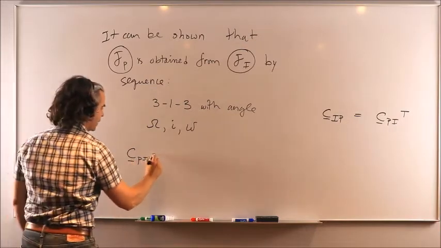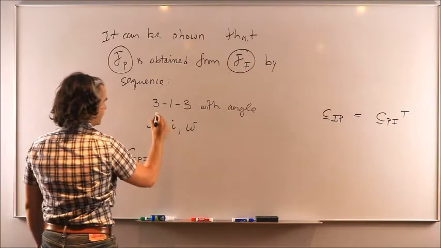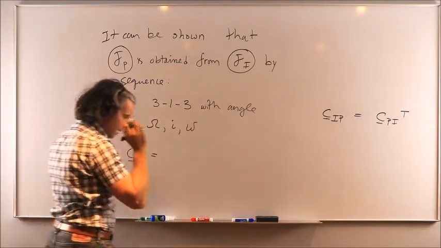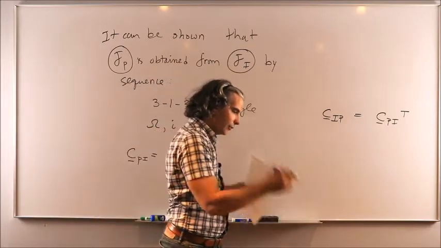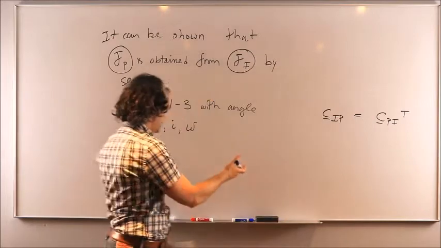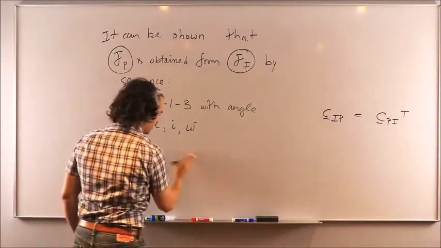So CPI, the sequence is 313 with those angles, but I remember that the prof told me that I needed to flip the order backwards to get the order of the principal rotation matrices.